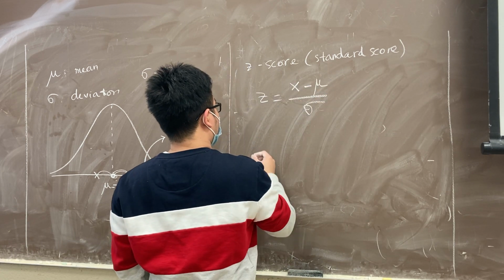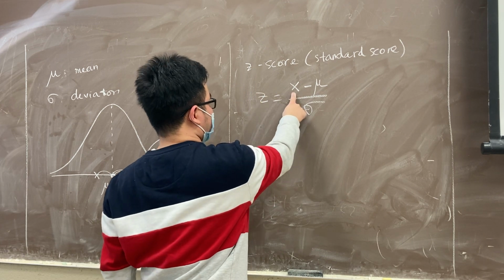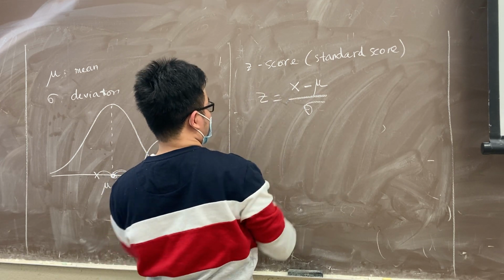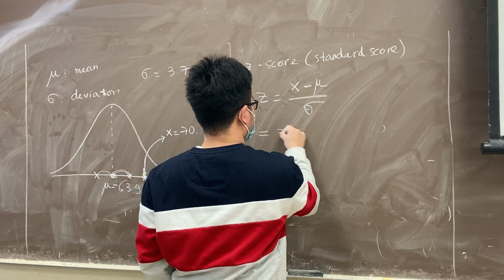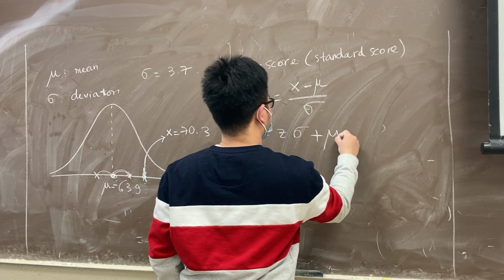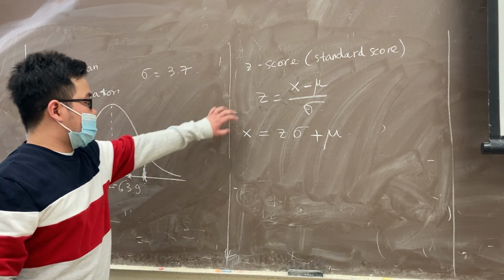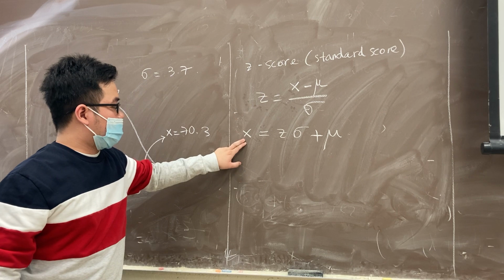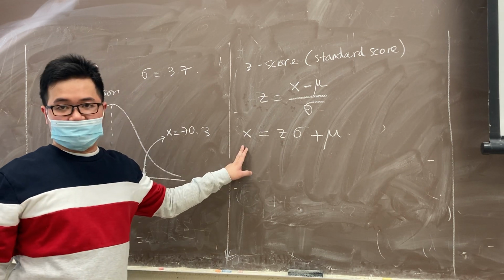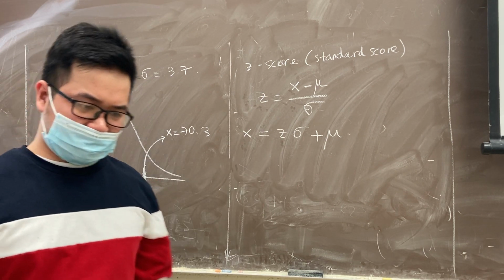If you have the X value, you can find the Z value. And if you have the Z value, you can also find the X value by this formula, Z sigma plus mu. If you have X, we can find Z. If you have Z, you can find X. That's the Z score.